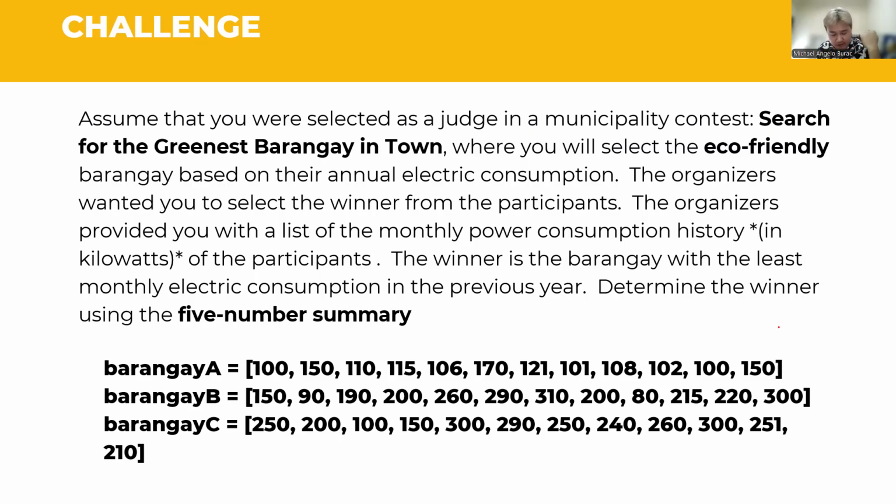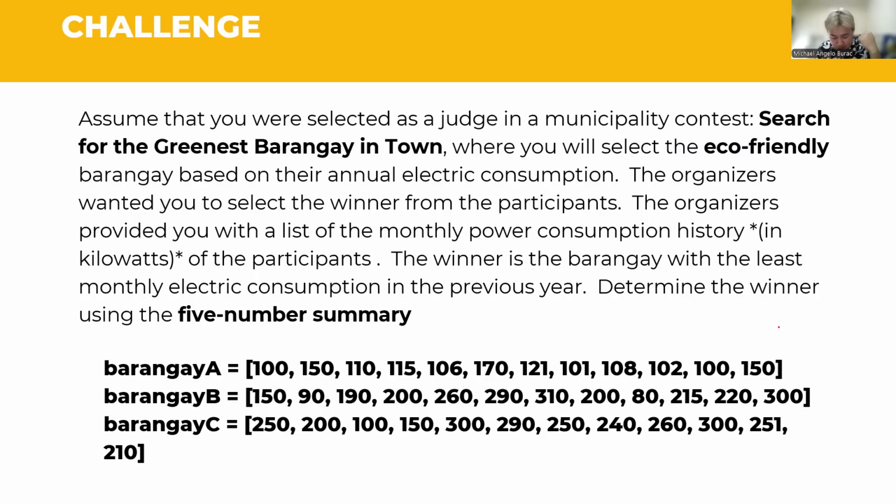The organizers provided you with a list of monthly power consumption history in kilowatts, and the winner is the barangay with the least monthly electric consumption in the previous year. You can determine the winner using the 5 number summary. So the smallest median is the winner.